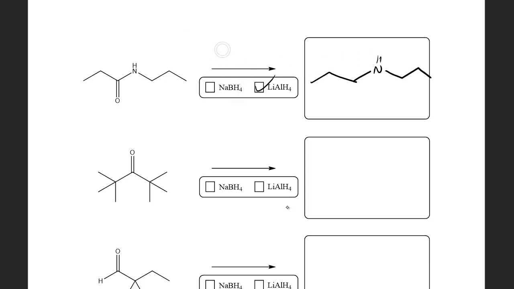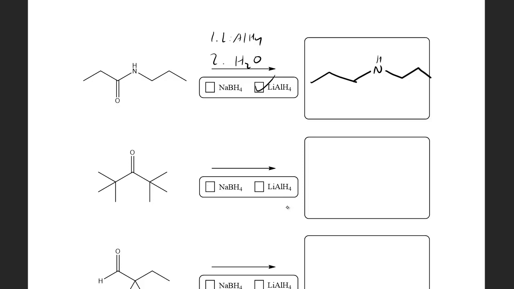And again, with the workup solvent, this is a little bit different than the others because we can't use a strong acid, because if that happened, we would just protonate our nitrogen. So this would be LAH in the first step, and in the second step, we would use water as our workup solvent.